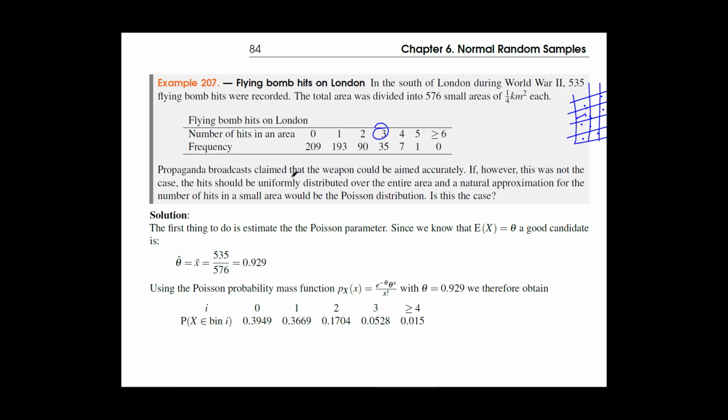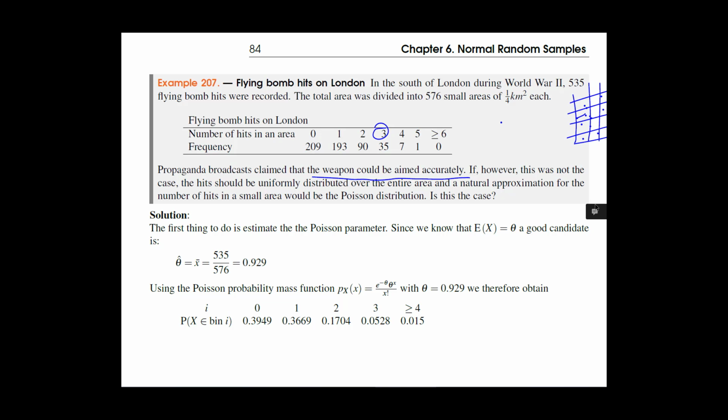Then we want to see, there's a claim about the weapon, a plane. If it's not accurate, then the hits will follow a Poisson distribution. That's the claim they're making. But if it's accurate, it's not going to be Poisson.